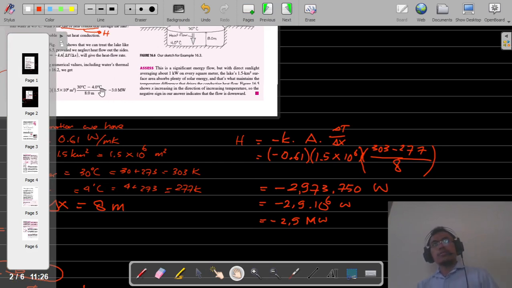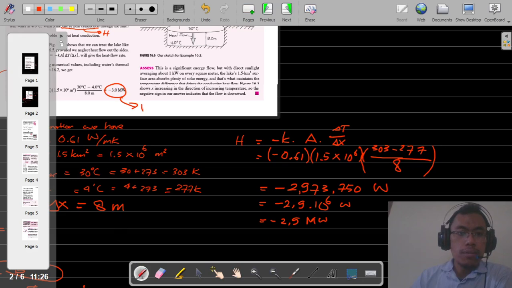In this problem the result is minus 3 megawatt, but it is okay because it is rounded up, so we can also make it minus 3 megawatt.